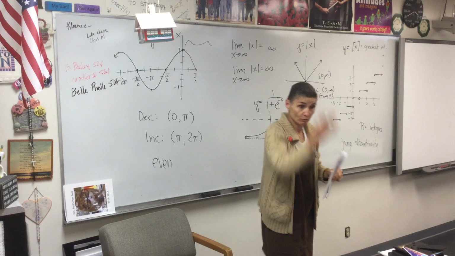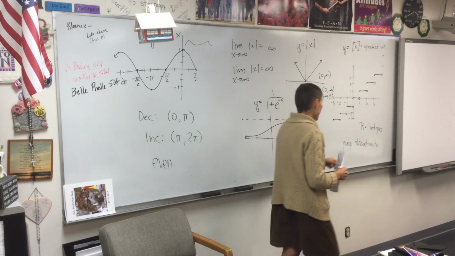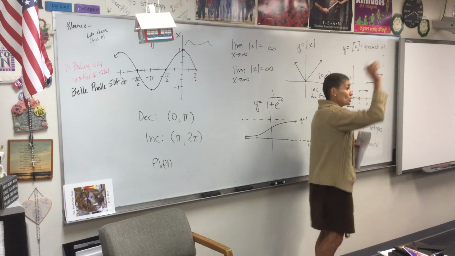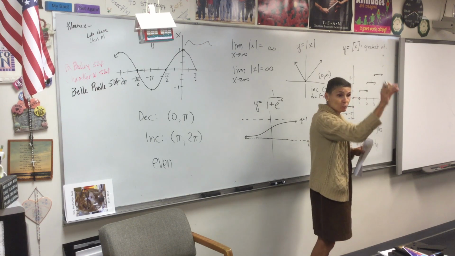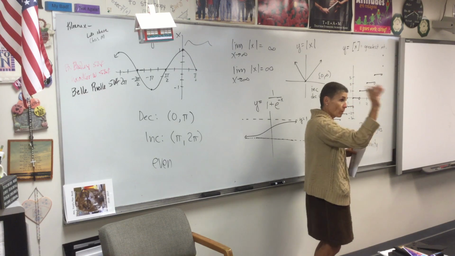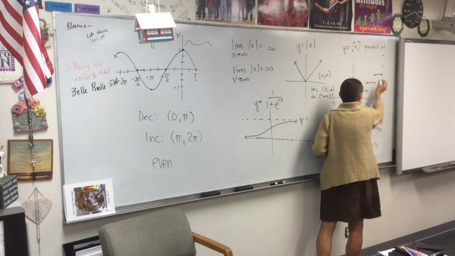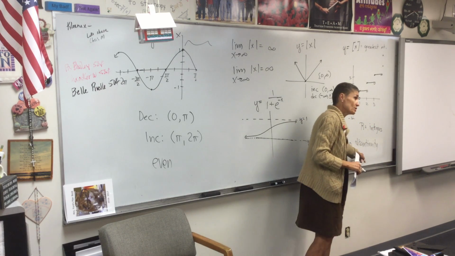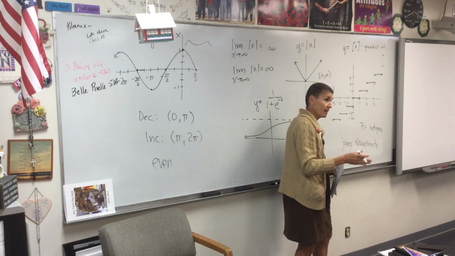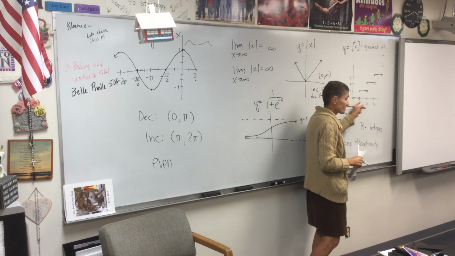A non-removable is a vertical asymptote. Well, then we also have this weirdness in some problems where the curve is simply jumping. You have to pick up your pencil and you jump. It's not because of an asymptote or a hole, it's just the way the curve is structured. So this is called jump discontinuity. Remember, discontinuity means you have to pick up your pencil. You have to pick up your pencil if you have an asymptote. You have to pick up your pencil if you have a hole. You have to pick up your pencil if you have steps.